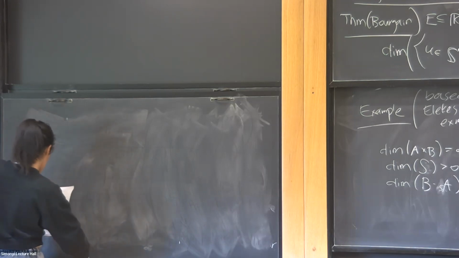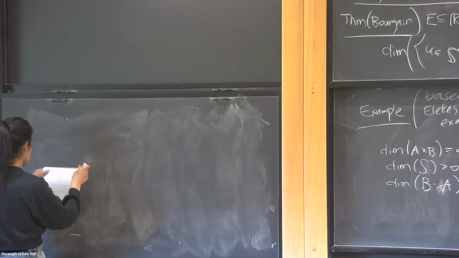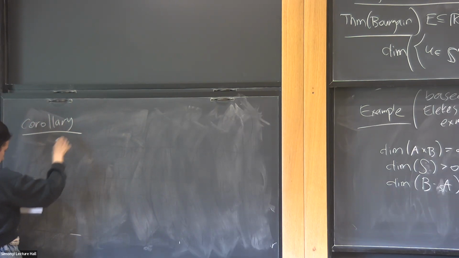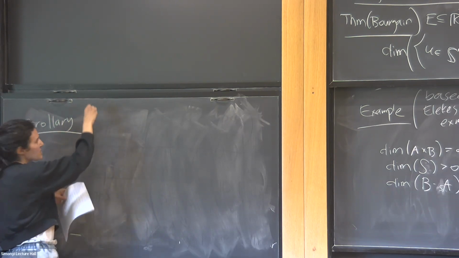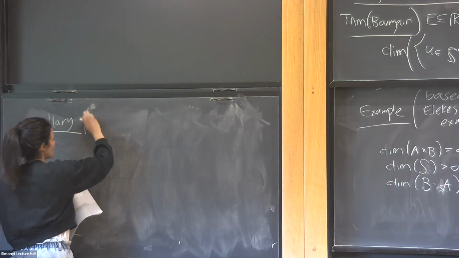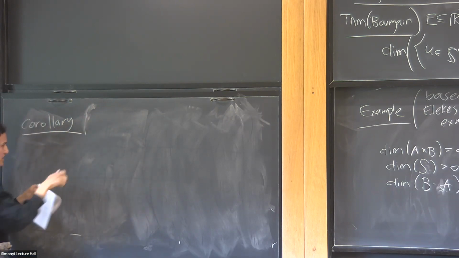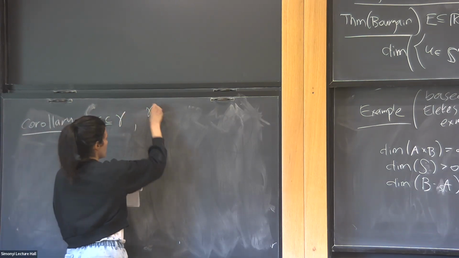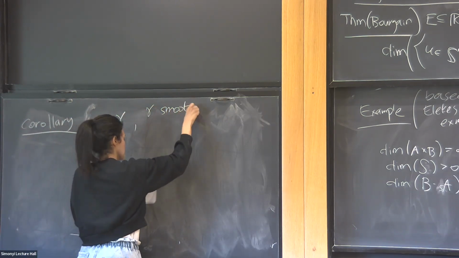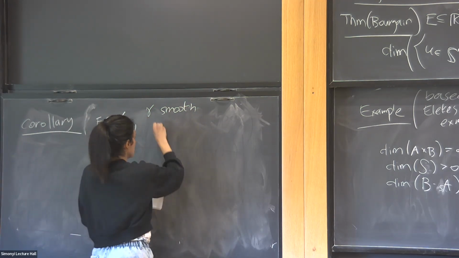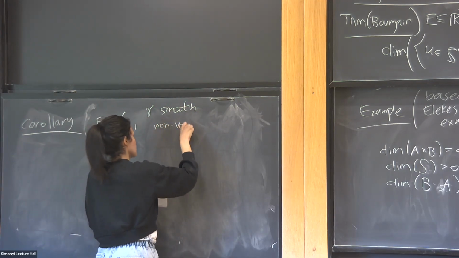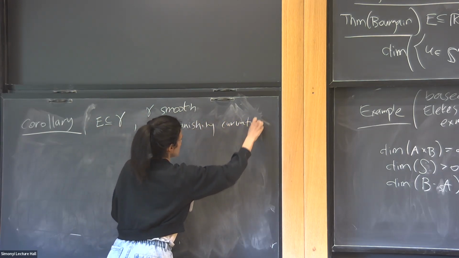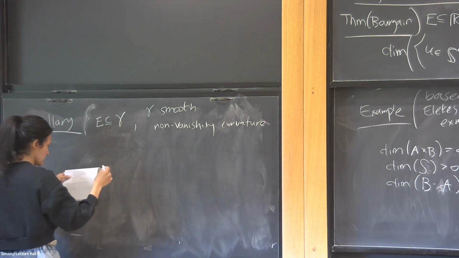Okay, so the corollary. I want to think of it as an instance of the pinned Falconer. So if our set happens to be contained in a smooth curve gamma with non-vanishing curvature, then what do we know?